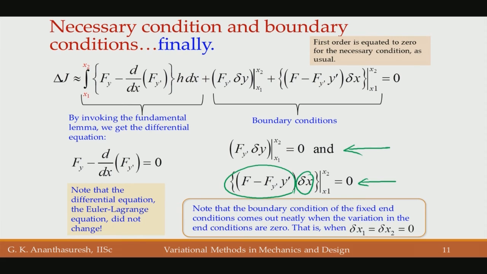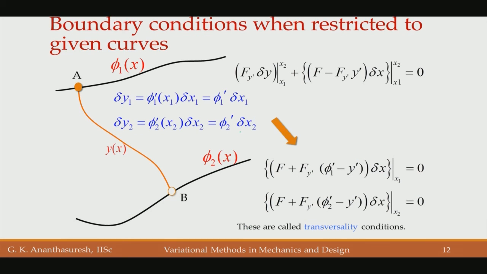We can actually get the specific one that we have discussed so far out of the general thing, and for that the boundary condition is exactly what is shown here, dou f by dou y prime times delta y equal to 0, y is specified, that is 0, y is not specified, that is 0. Okay. That remains the same. Okay.